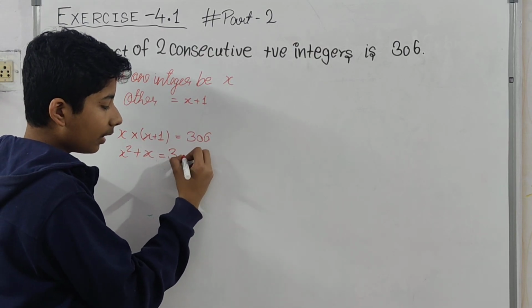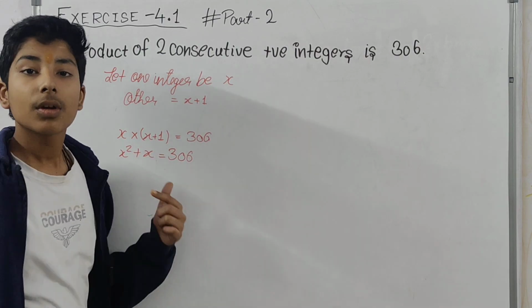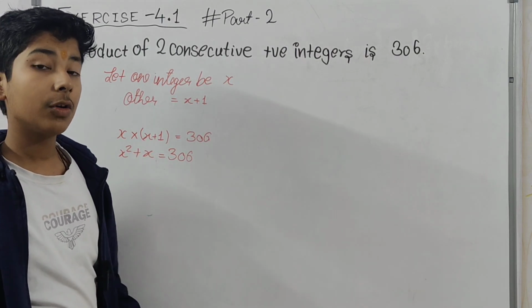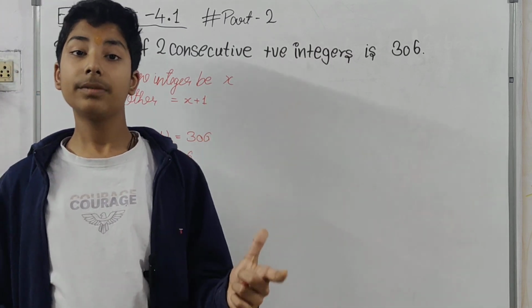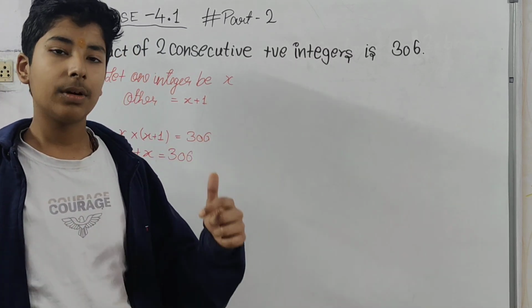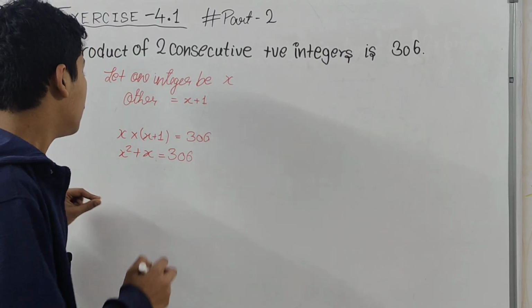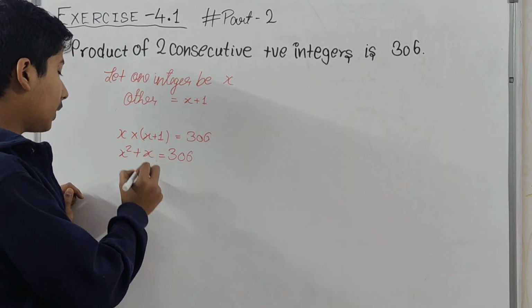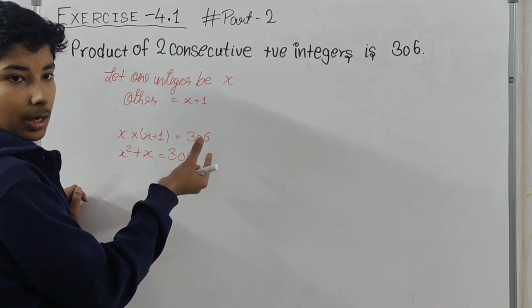When you have to make it in the form of a quadratic equation, the format is ax square plus bx plus c equals to 0. So ax square means a is 1, bx is here, but c is on the other side.